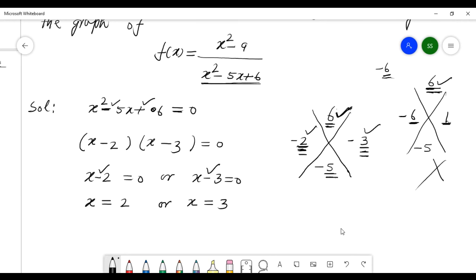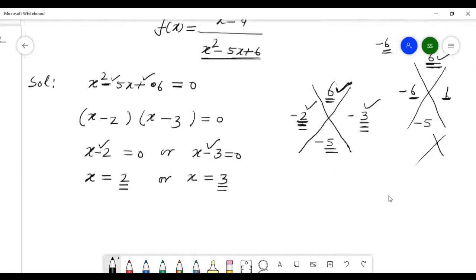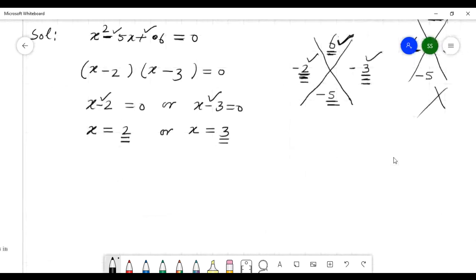So for these two numbers, x equal to 2 and x equal to 3, this function is not defined. It means x equal to 2 and x equal to 3 are not in the domain of this function. It means this function is discontinuous at these two numbers.